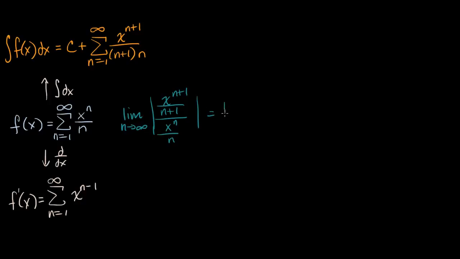That's going to be the limit as n approaches infinity. Let's see, if you divide this and this by x to the n, that's going to be a 1. And this is just going to be an x. And then this n is going to end up on top. So this is going to be x times n over n plus 1.